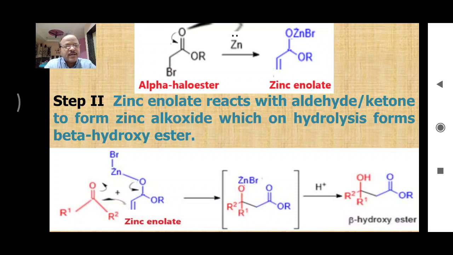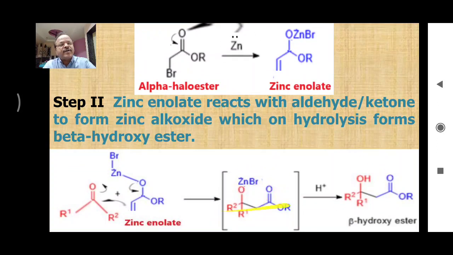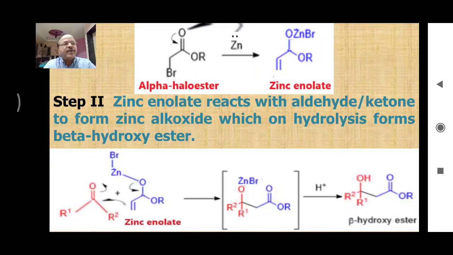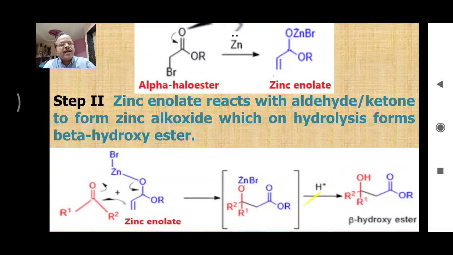So there is a movement of electrons in a cyclic manner, so as to get this zinc bromo complex. Zinc bromo is also called an organozinc compound. So this organozinc complex is obtained, and on hydrolysis using acid we can obtain this beta hydroxy ester.